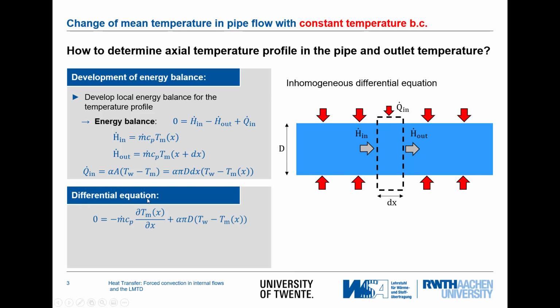So we end up with a differential equation. We have here the change of the mean temperature over the length of the pipe, which is then equal, if we put this on the other side, to the heat flux that is going in here. So alpha times pi D times the wall temperature minus the mean temperature at the location x.